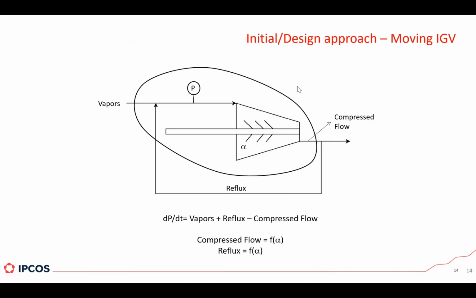Why? If we just try and estimate, as I write here, the rate of change at which the pressure changes, well, the rate of change at which the pressure changes is basically the amount of vapors coming in plus the reflux that is being sent back to the column minus the compressed flow. The thing is, both the compressed flow of vapors and the reflux depend on the inlet guide vanes position.